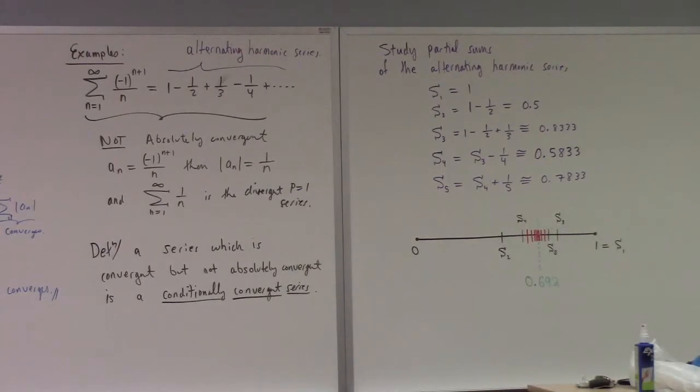So conditionally convergent series are kind of like right on the bubble. They're an alternating series, which I'll define shortly, which is just kind of barely convergent in some sense.